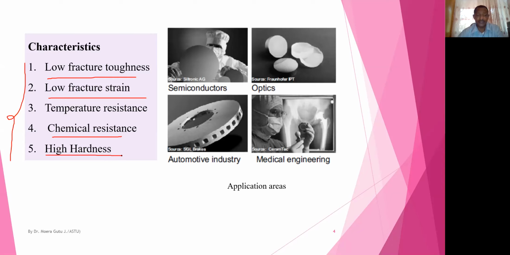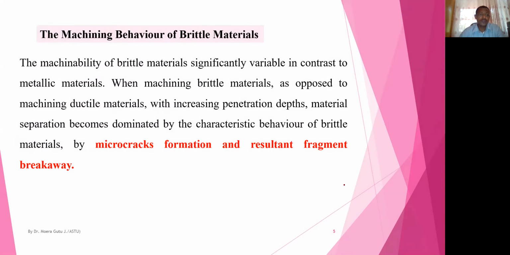The hardness is also very high. And you see the application areas of these hard materials. They have numerous applications where high technologies are applicable, like semiconductor industries, optics where they can use ceramics, the automotive industries, and medical engineering. They have a lot of applications, not only restricted to these.